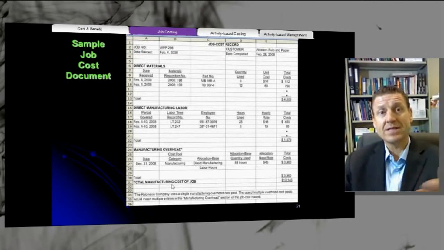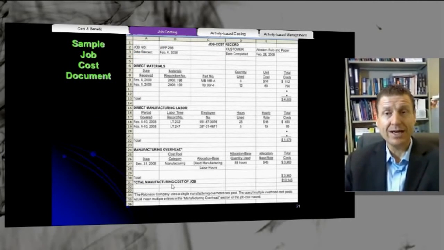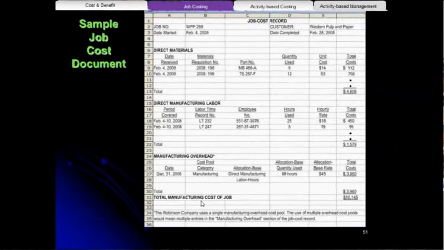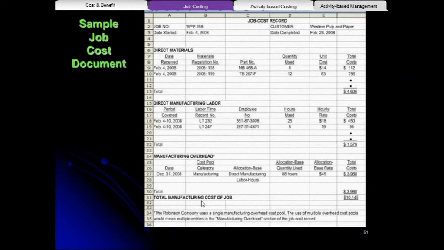And so we have a sample job cost document here. I won't bore you with the detail, but here we've got direct materials, direct manufacturing labor, manufacturing overhead, and we have the total cost of the job. As you can see, for a particular customer, there is a different quantity of different parts being used. There are different hours of different employees being used, and there's an allocation base for manufacturing overhead, and we're using the allocation base.